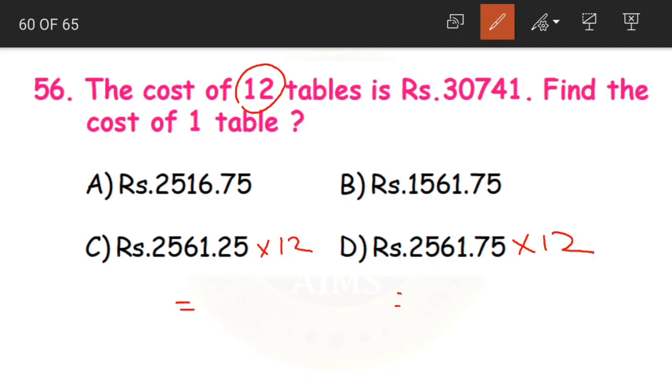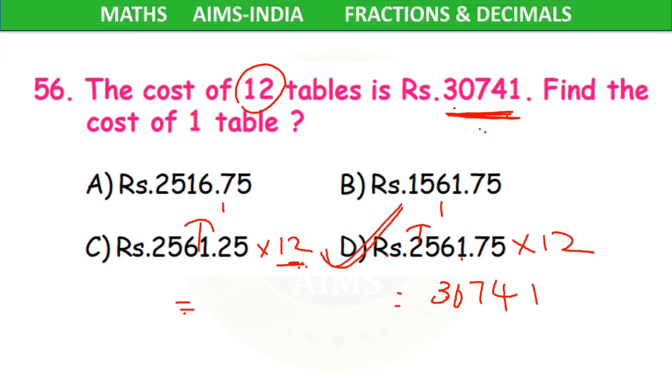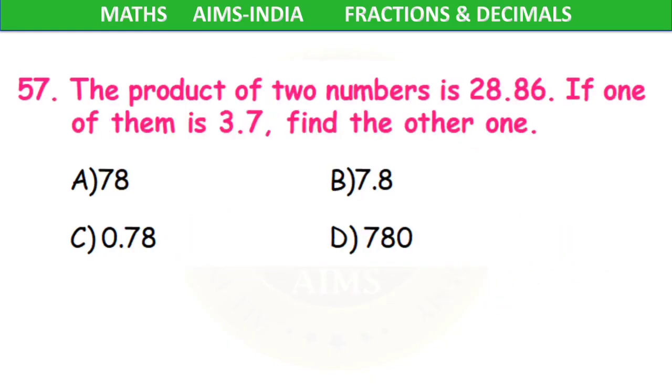This is the cost of one table, right? When we multiply by 12, the answer should be 30,741. Now from the given two options, whichever gives the answer, tick that as the correct one. Understood children? Trial and error method. Take the option, multiply and check whether the product is same as given in the question or not.